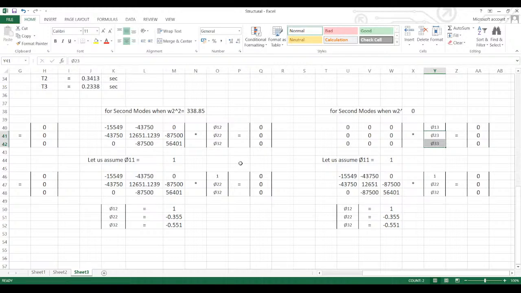In this case we have to put 1 2 is equal to 0, 1 2 0, and in this matrix 1 3 is equal to 1. Okay.